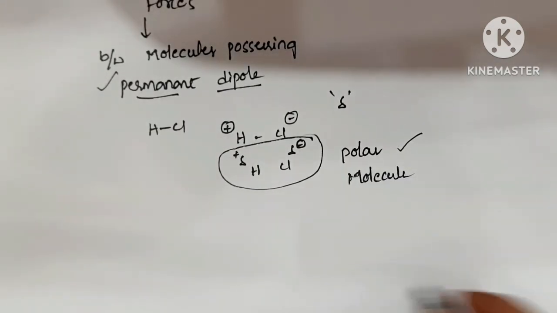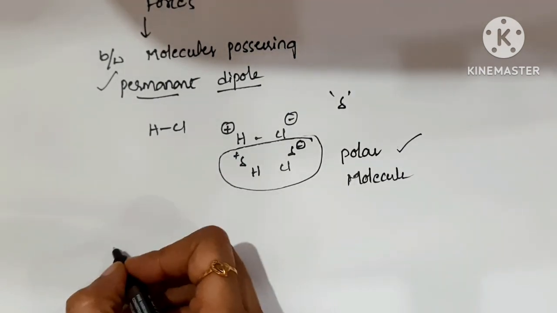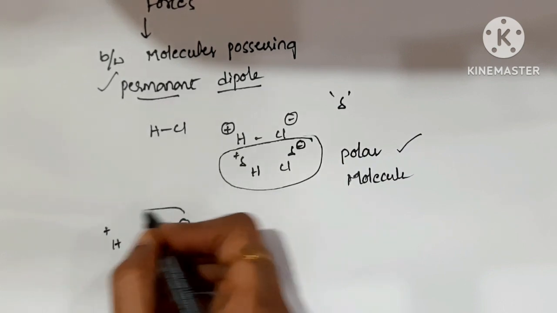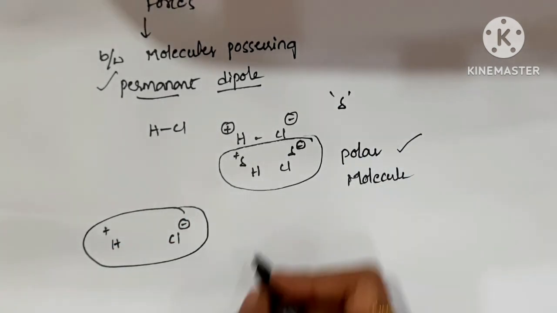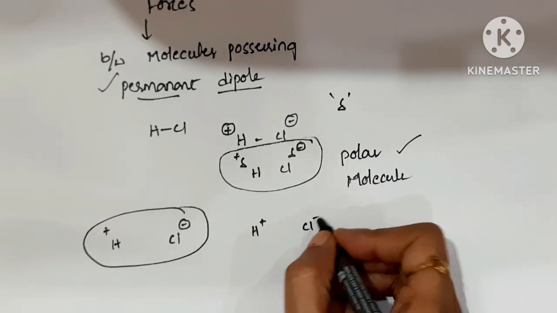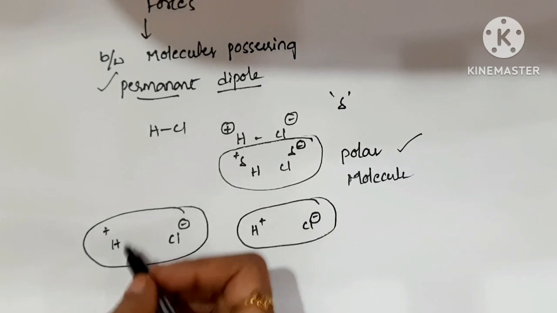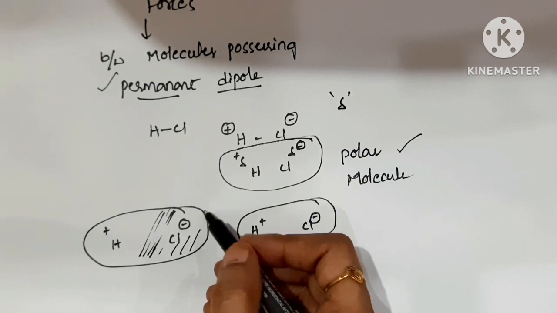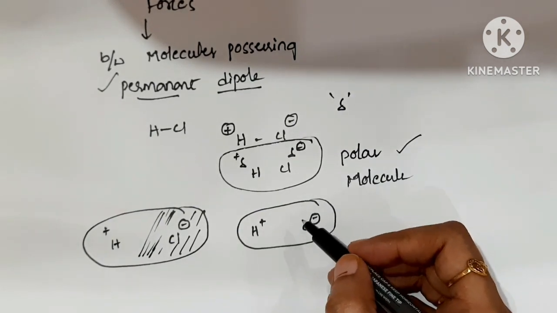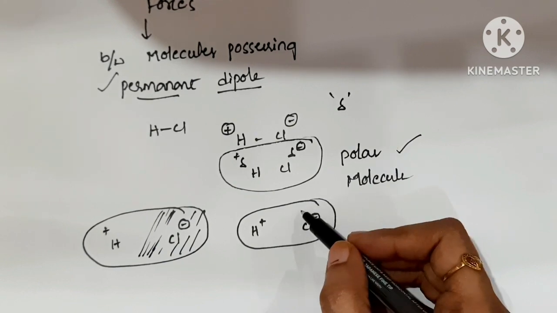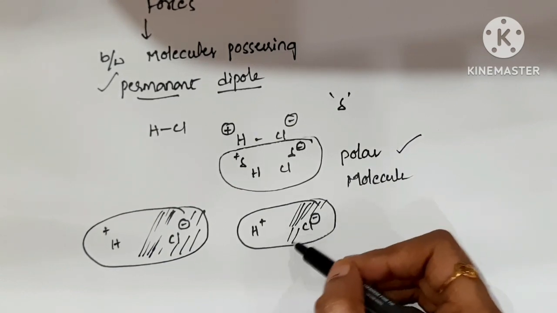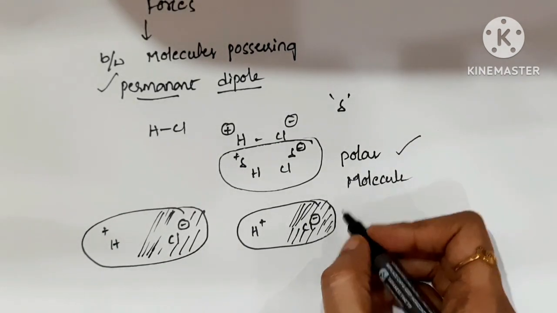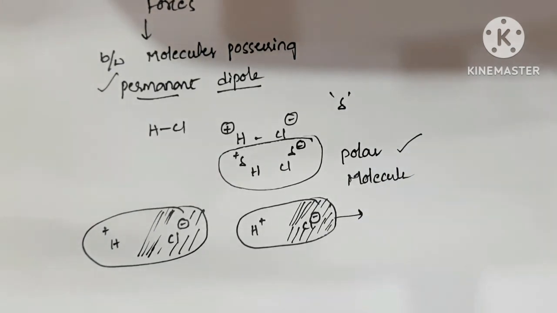Here I am taking two polar molecules. I am representing lines here because these lines represent the more electron cloud.